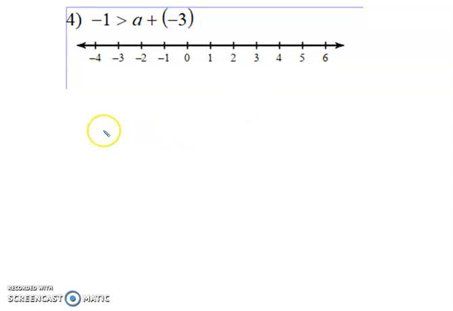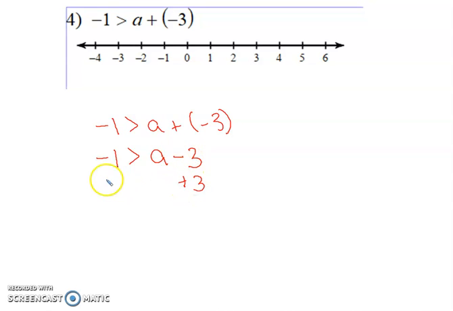Number 4, -1 is greater than a plus parentheses -3. This is similar to which one? Number 1. Okay, I have a -3. That is really the same as -1 is greater than a minus 3, right? So then to get rid of a minus, I just add it. So I have 2 is greater than A. But I can't graph that.